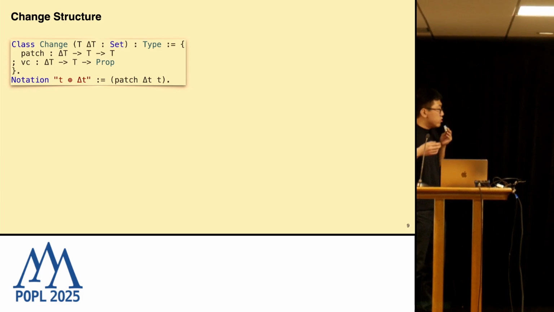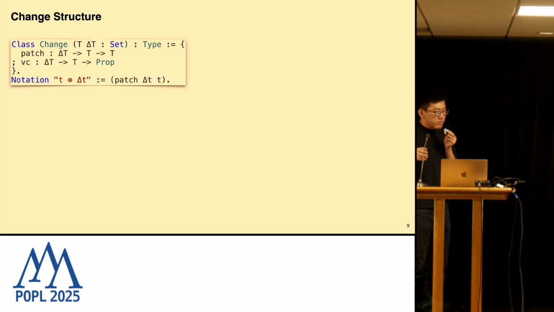The first thing I want to introduce is change structure, which defines how data can be changed. It contains 4 fields. T means the type of the value, and delta T means the type of the change. Patch is a function that patches a change to a value and gets a new value.